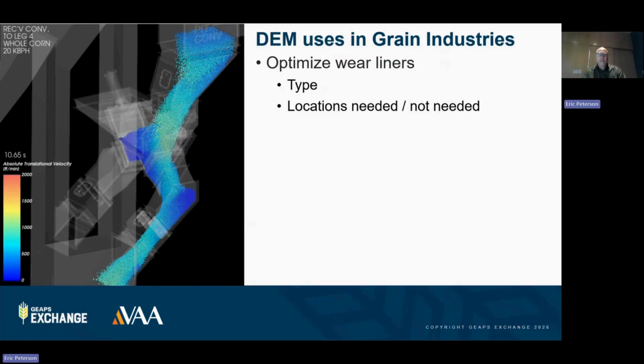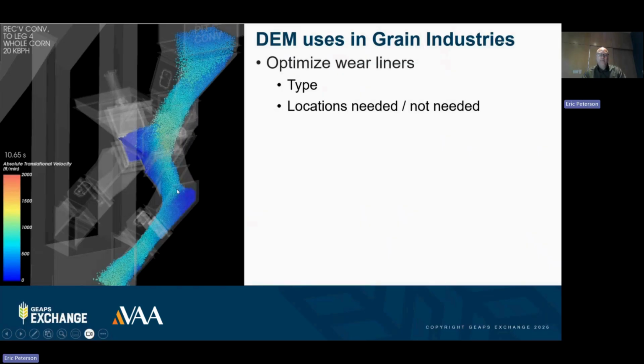And this has been known for a long time and has been done successfully on a case-by-case basis, but people still generally use the overall rules of thumb that are based on grain in a dead stop condition. So when you see it in the simulation in a situation like this, you can even see areas that just don't need lining because of how the grain is flowing through there and where it's stopping and changing directions.